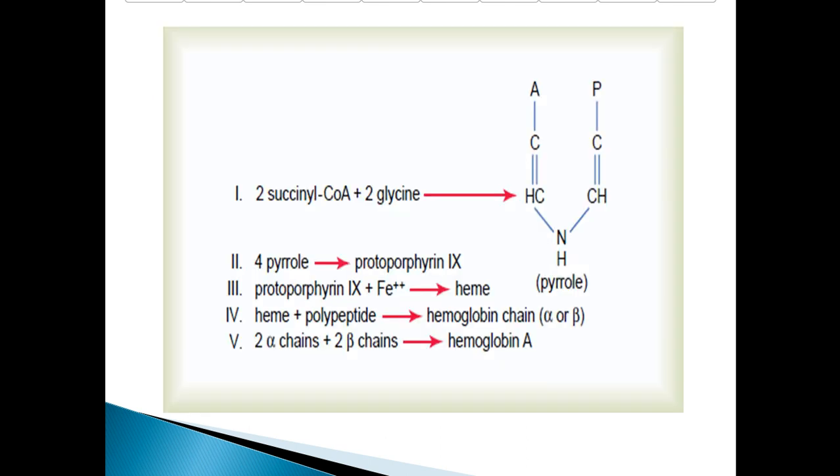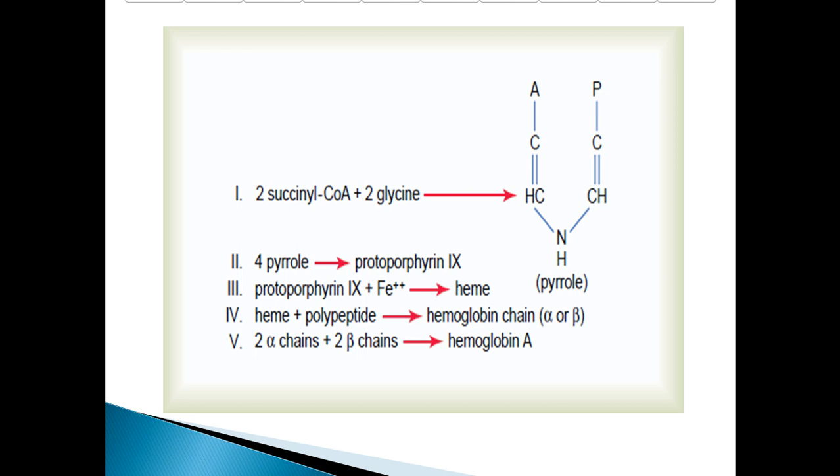So here is the formation of hemoglobin. You can see here 2 succinyl CoA plus 2 glycine form pyrrole, and 4 pyrroles combine to form protoporphyrin 9. And this protoporphyrin 9, when it combines with iron, gives heme. And this heme, when it combines with polypeptide, gives hemoglobin chain alpha or beta.